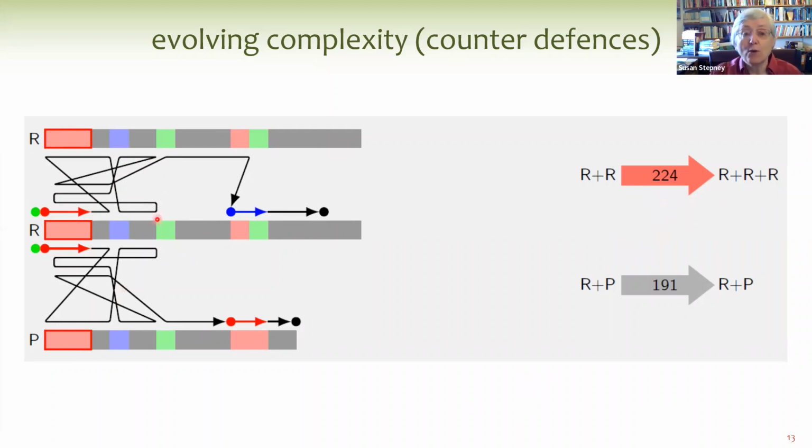And now, with all this extra complexity, the parasite has got 2 of the defense mechanisms. It's got this check and it's got this check, but it still hasn't got the third check, so it doesn't get copied. And it's sitting around bound to the replicator for 191 time steps and not getting itself copied. So you get this evolving complexity of defense and counter defense and defense against the counter defense and so on.